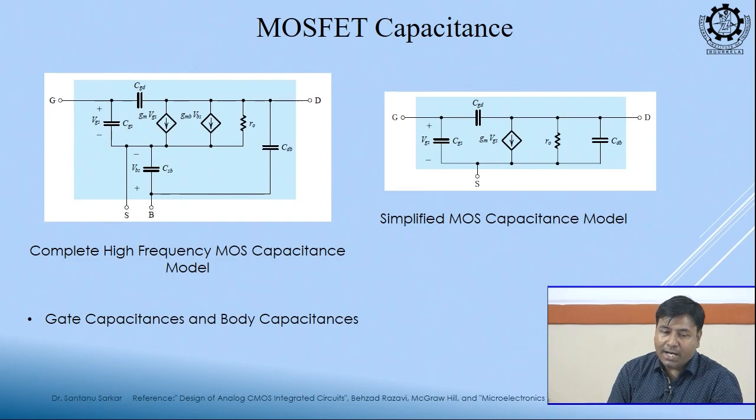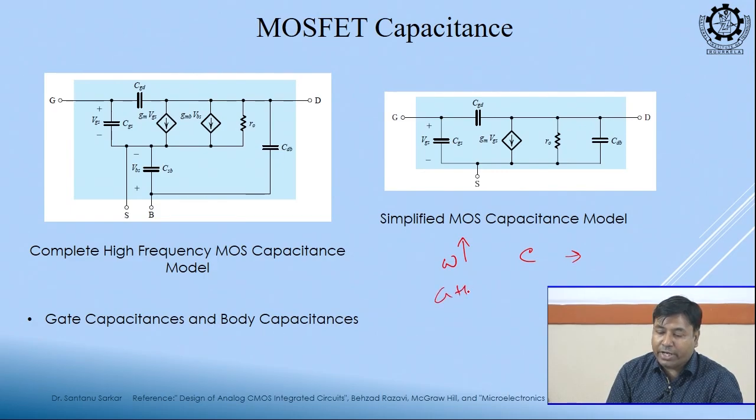So, these are the important capacitances we will consider in this model. In the previous model we neglected all the capacitances, right, but if you go to a higher frequency, if omega is high, although C values are very negligible, omega C will be considerable, because the frequency is now high.